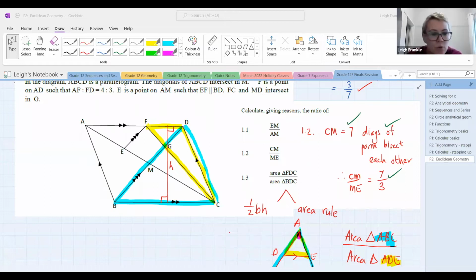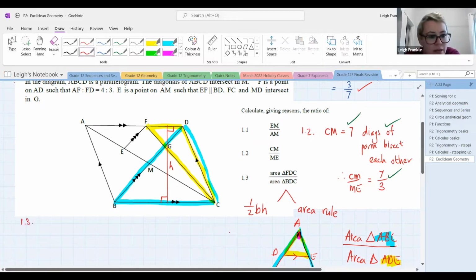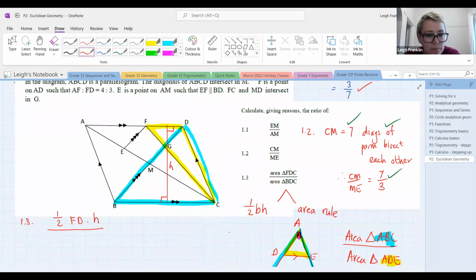So this is 1.3. When we talk about the area of FDC, it is half the base FD times the perpendicular height, which we've called H. And for triangle BDC, we've got half, the base is BC, and the perpendicular height is H as well.